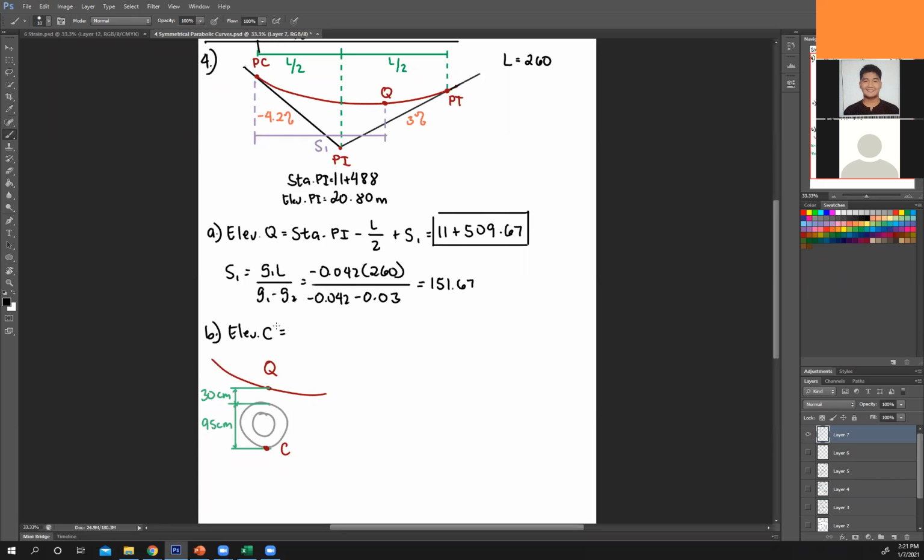So how do I get that elevation of point C? Again, find out your reference. So elevation Q. I know the elevation of Q. So all I need now is to subtract.